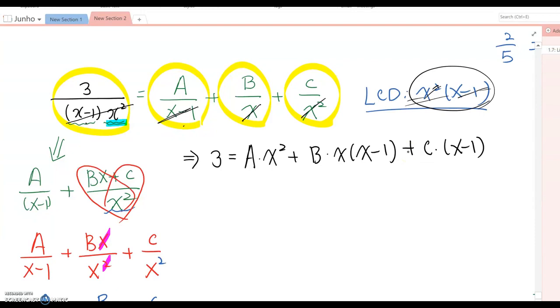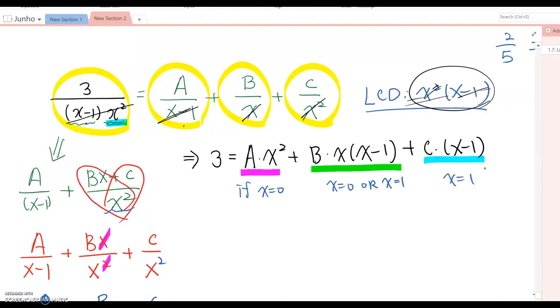Okay, then let's find some cases where each term becomes 0. So for this term, if x equals 0, it becomes 0. For this term, when x equals 0 or x equals 1, it becomes 0. For the last term, if x equals 1, it will be 0.